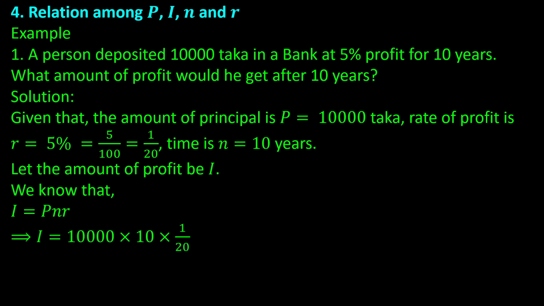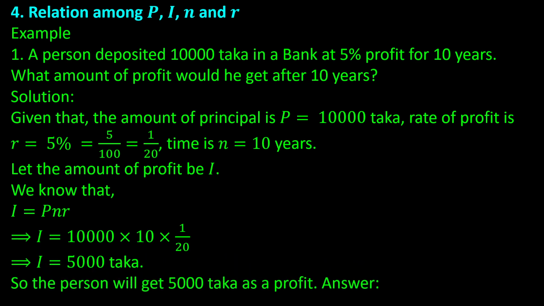In next line, putting the values of P, N, and R in this equation, we get I equals 10,000 times 10 times 1 divided by 20. And after calculation, we get I equals 5,000 taka. So the person will get 5,000 taka as a profit after 10 years.